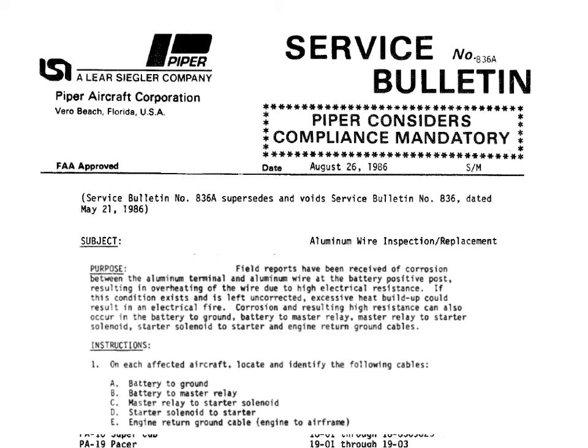In this slide, you see portions of a Piper service bulletin requiring the replacement of the aluminum battery cables with copper cables to eliminate hard starting and heat buildup in the cables.